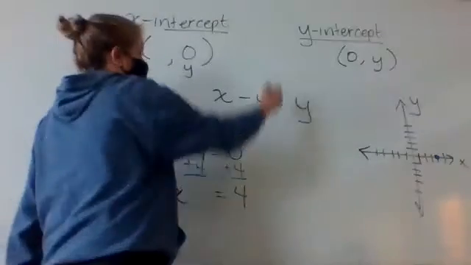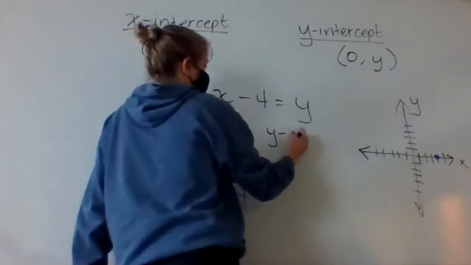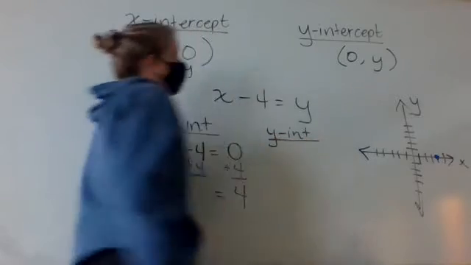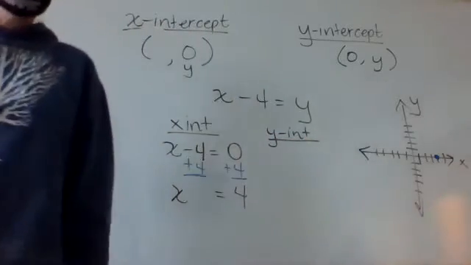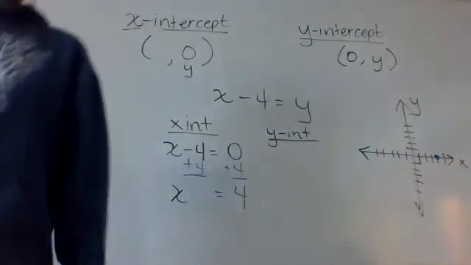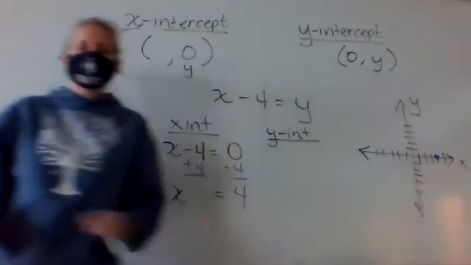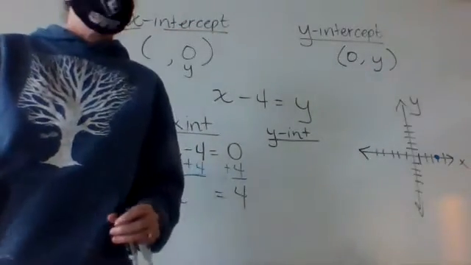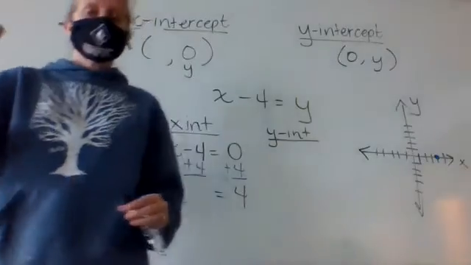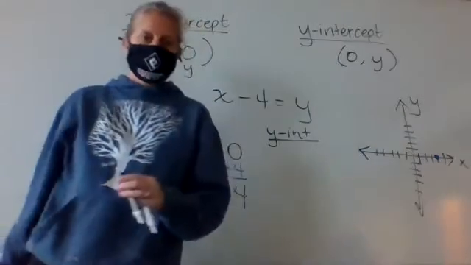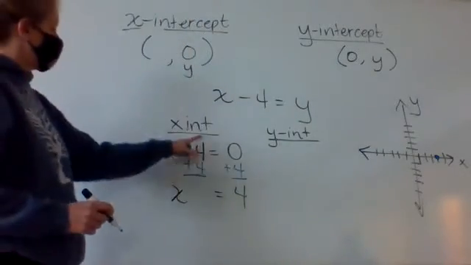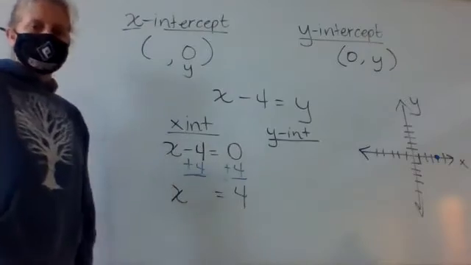Now I'll find the other intercept, the y-intercept. What do I know about every y-intercept in the world? Their x is 0. So you can kind of think of it like this. Whatever intercept you're trying to find, plug your 0 in the other letter. So if you're trying to find the x-intercept, put a 0 in the y spot.